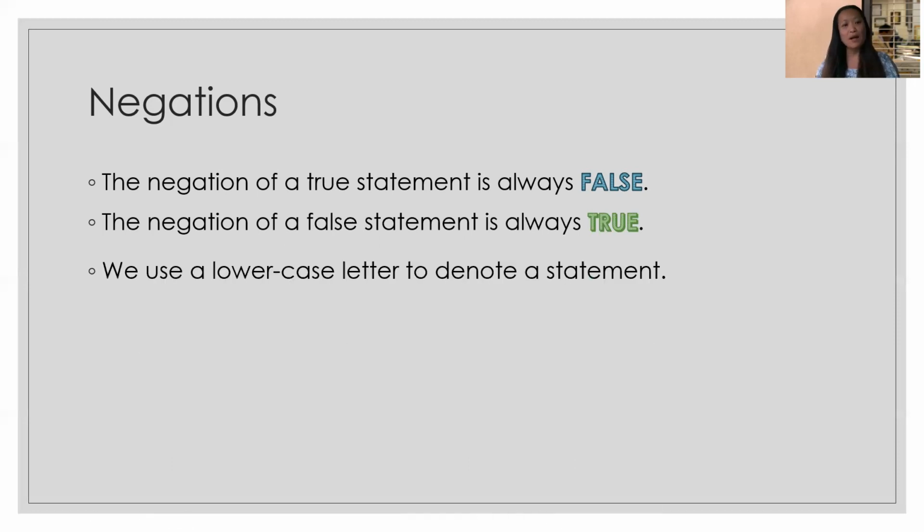Okay. We use a lowercase letter to denote a statement. For example, the statement p is, the car is pink. So the lowercase p is what we use to denote a statement.